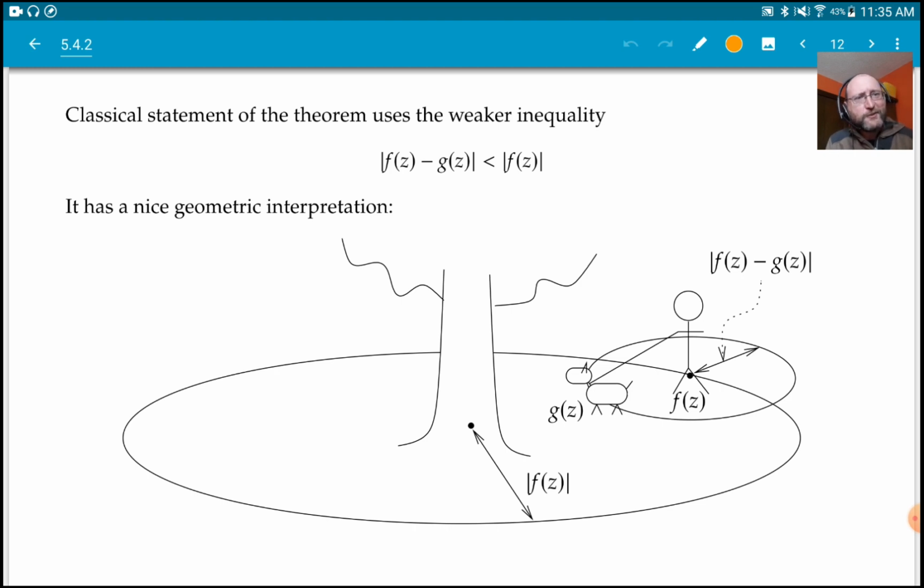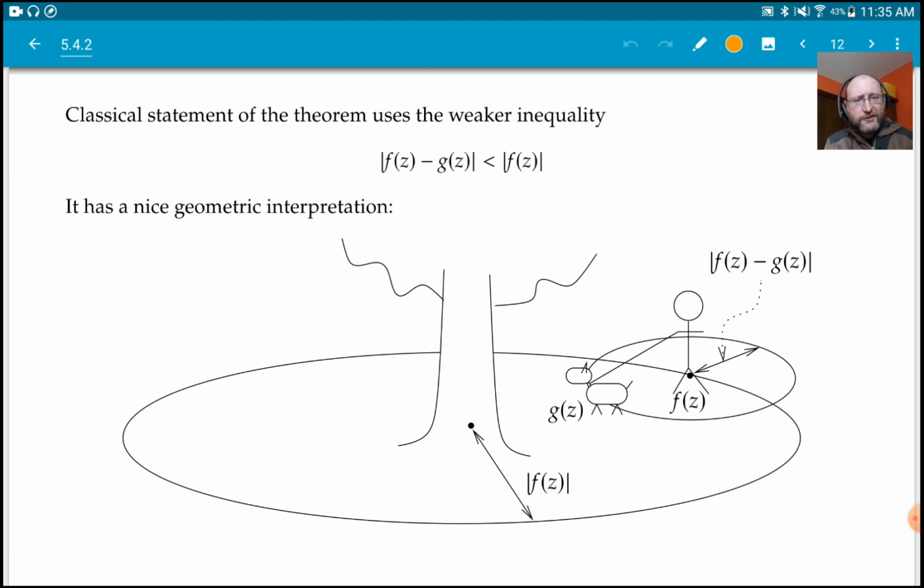And it has a nice interpretation in terms of, if you keep thinking about the argument principle, right? It's really the number of zeros is the number of times you wind around zero. Well, think about f as being like, suppose you're walking your dog and you walk around a tree a number of times. Like, let's say you walk about 3 times around the tree, right? In the positive direction, right?